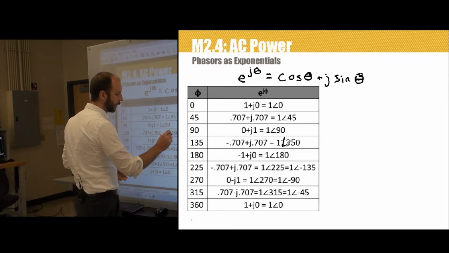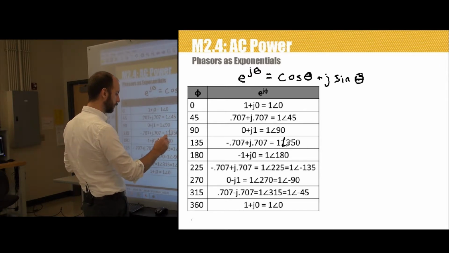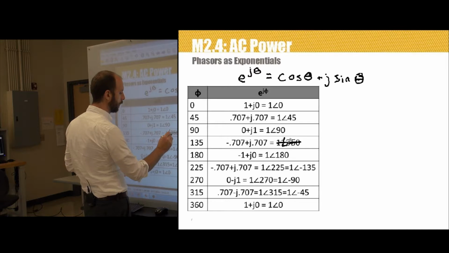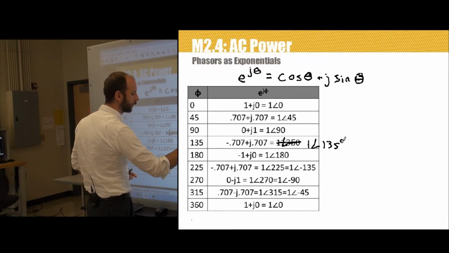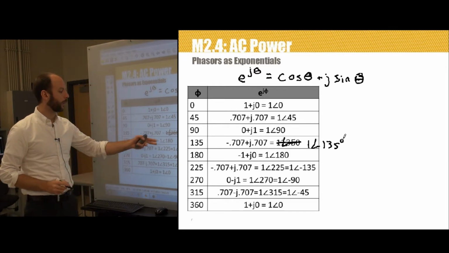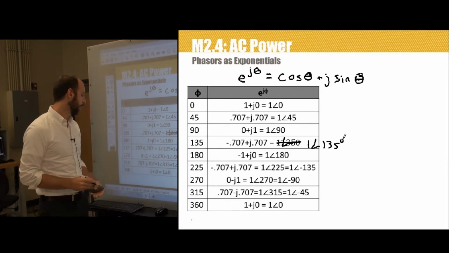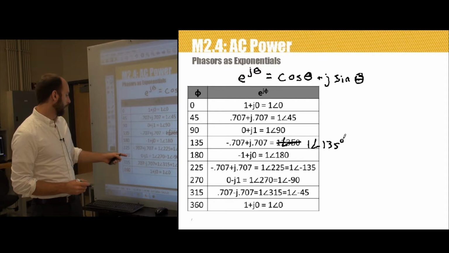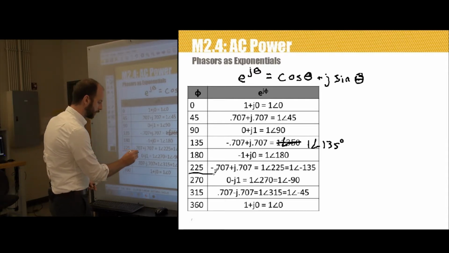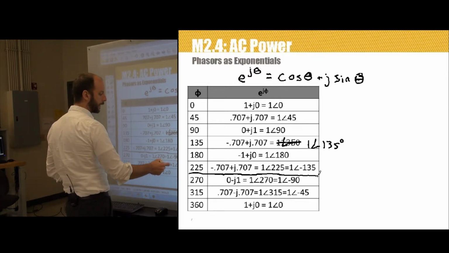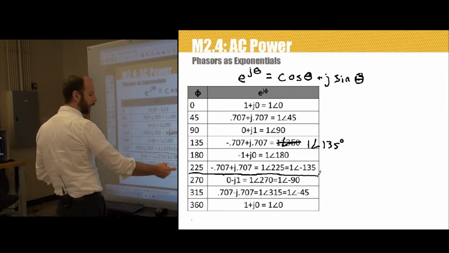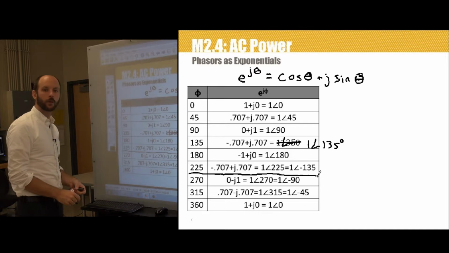This should actually say 1 at an angle of 135 degrees, so excuse me for that typo. Then we've got 1 at 180 degrees. A line somehow got missing here. Then 1 at negative 135 degrees, 1 at negative 90 degrees, 1 at negative 45, and 1 at 0.